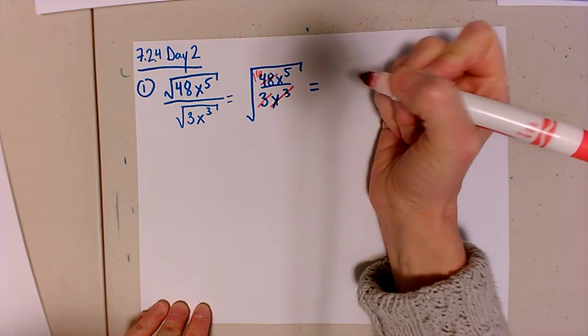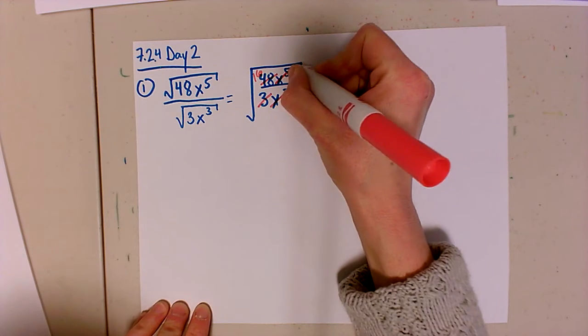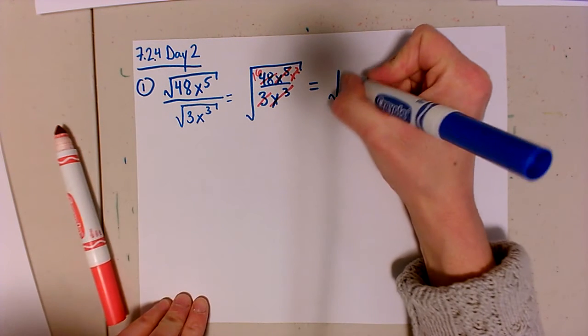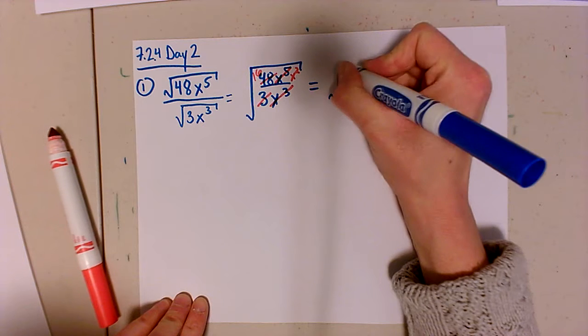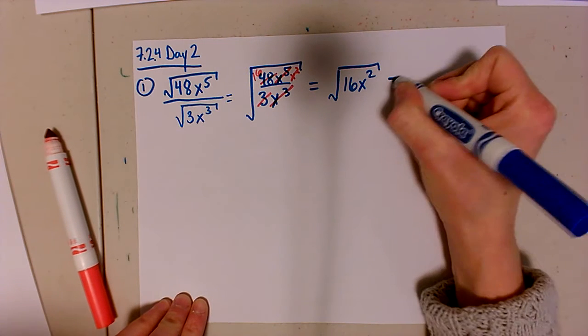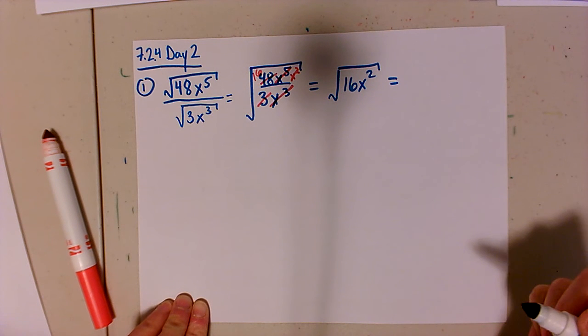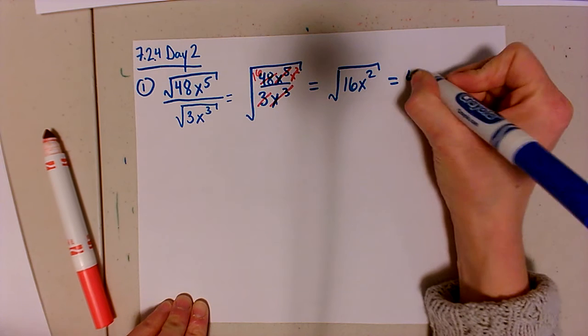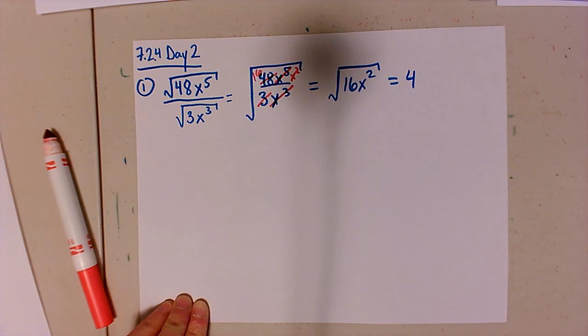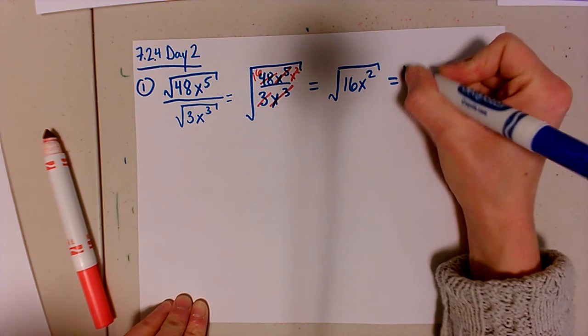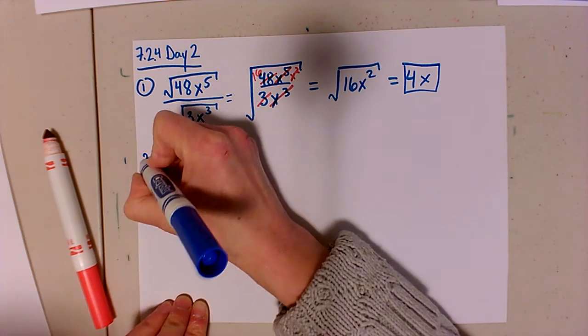The x cubed cancels, and the x to the 5th turns into x squared. So after we cancel all that, what we have left is 16x squared. Now those are both perfect squares. The square root of 16 is 4, and the square root of x squared is just x. So our answer there is 4x.